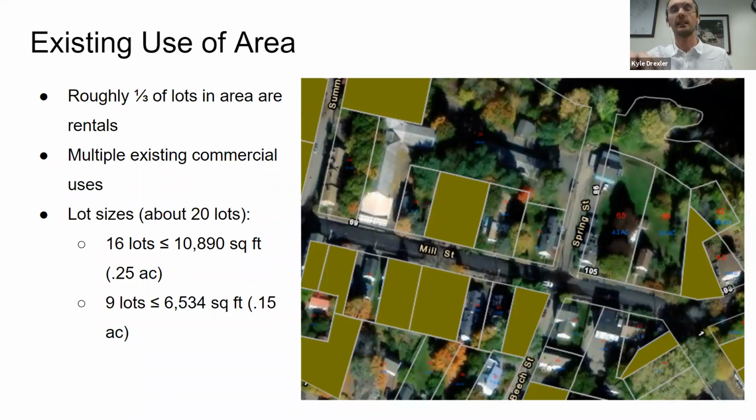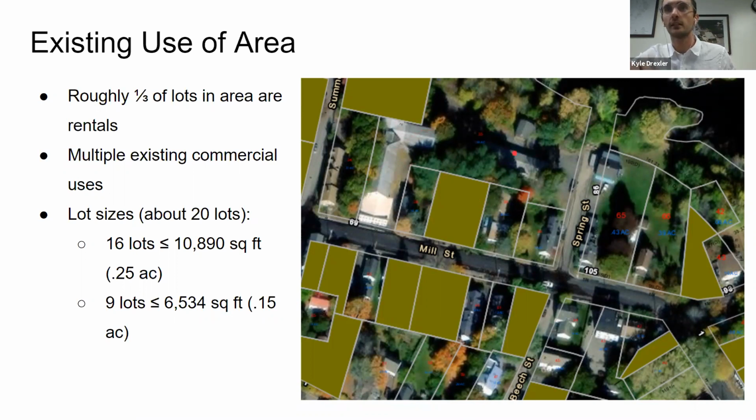So about the image on the right, all the colored blocks show each of those lots is a rental as of our latest rental registration information. So about a third of the lots on the corridor are rental properties or have a rental unit in them. There are also several commercial uses along the corridor.